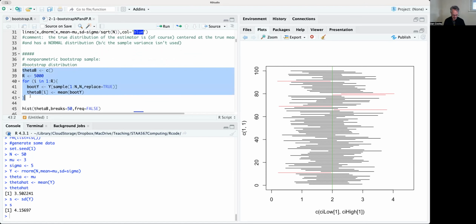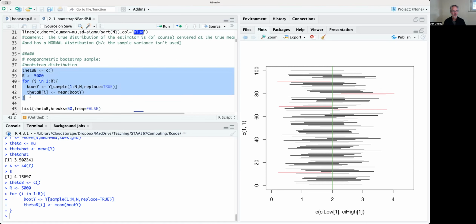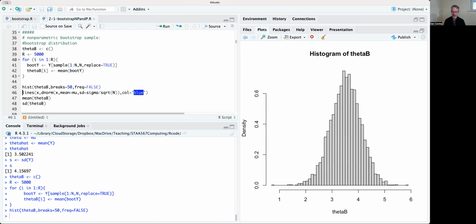Here we've done that bootstrapping, and here is the histogram of our bootstrap mean. We see that it's centered at 3.5 rather than 3 because we're resampling from this sample y that had a sample mean of 3.5. And in this case, it's roughly symmetric because the underlying distribution, the normal, is symmetric.